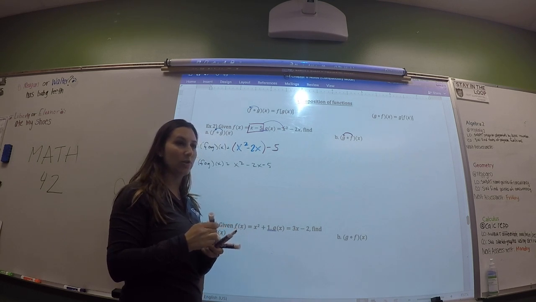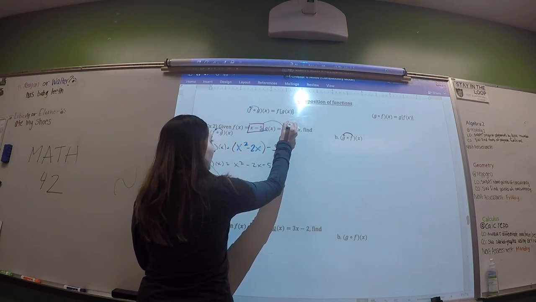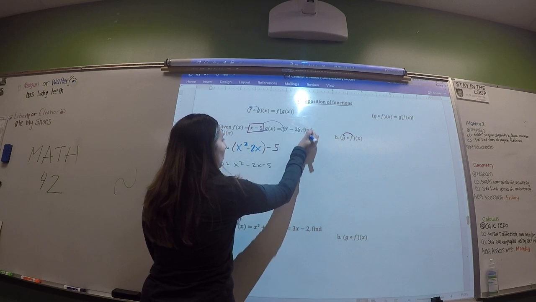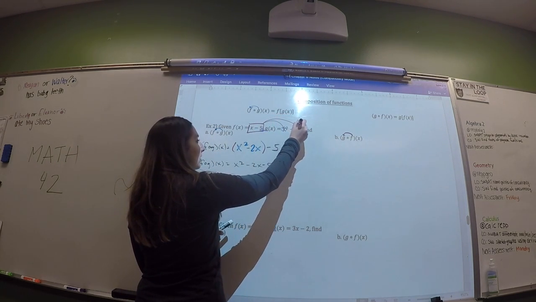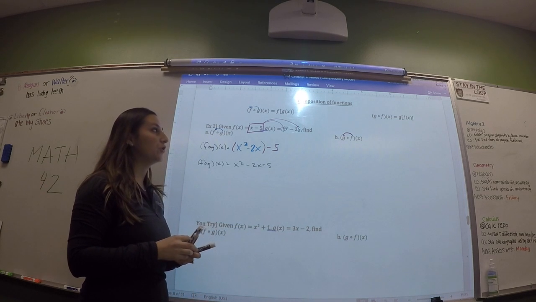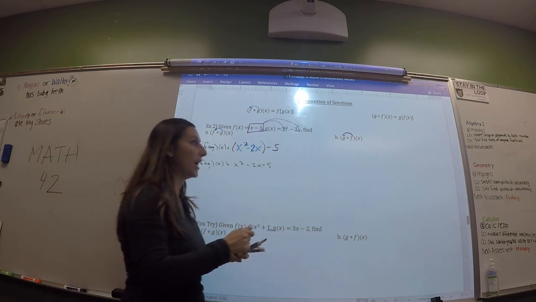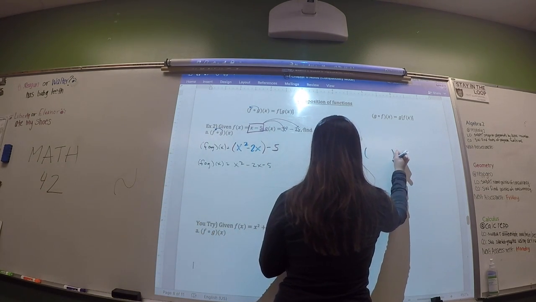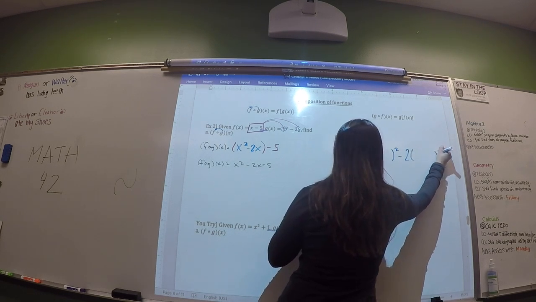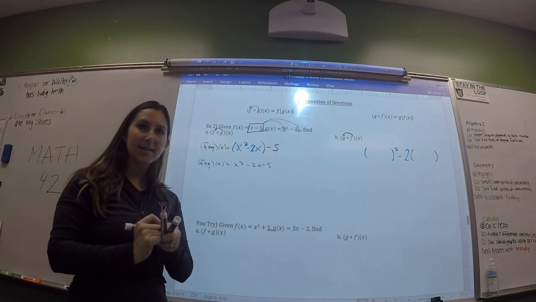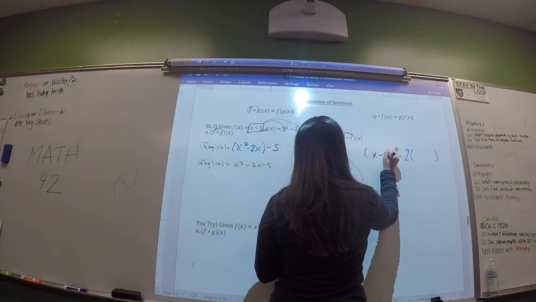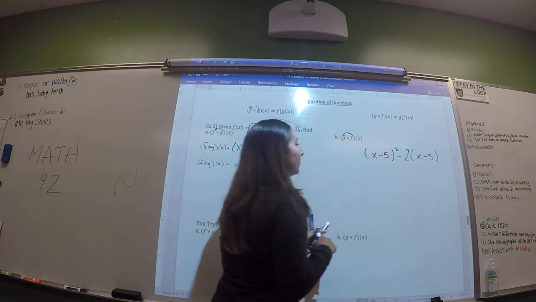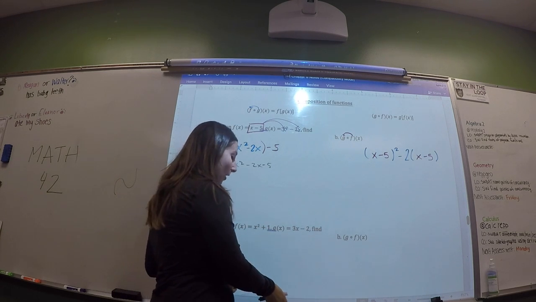If you look at g, there are two x's, one here and one here, which means we're going to have to substitute it into two places. So if g is x squared minus 2x, instead of putting x, I'm putting whatever f is. And then you have to simplify that.